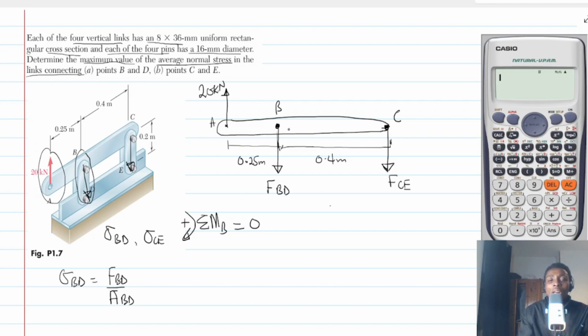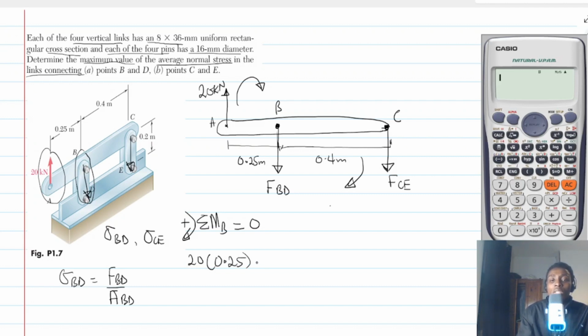Summing moment at B, we are going to get 20 kilonewton multiplied by 0.25, and this moment is going to cause a rotation which is clockwise. And then this force FCE will cause a moment this way, which is also clockwise.